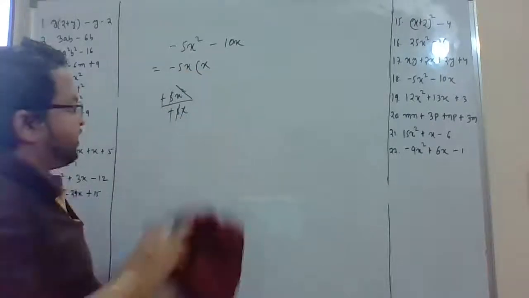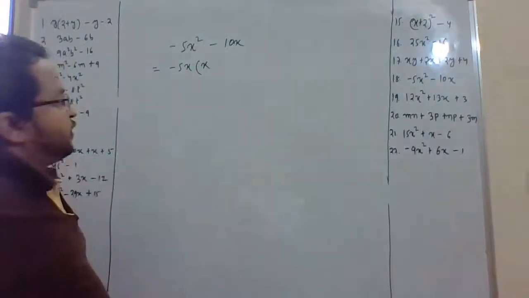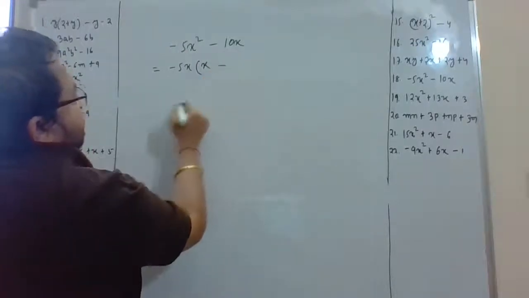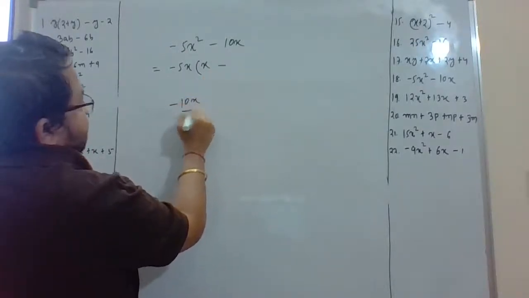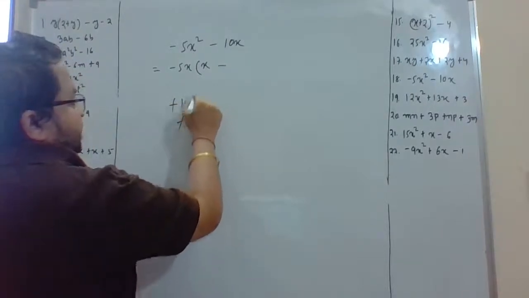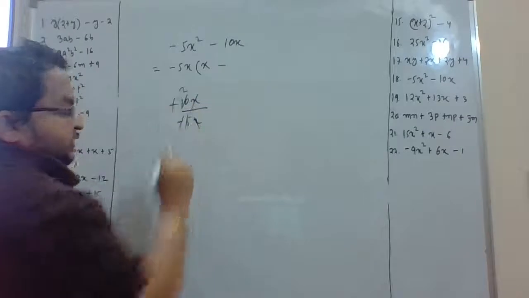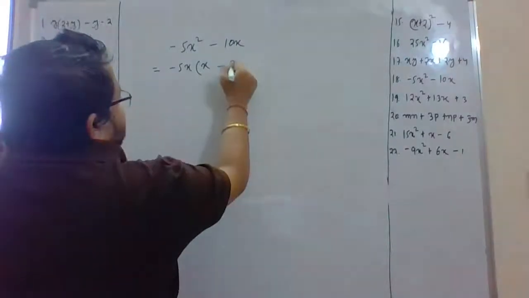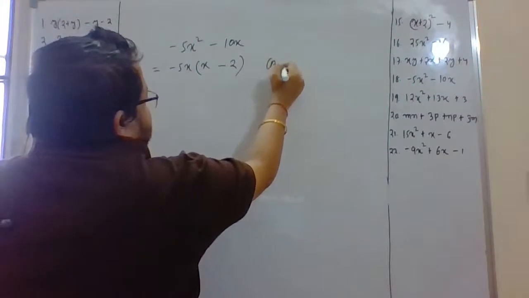So that's why I'm writing x here, right? Minus. Here if we say minus 10x by minus 5x, minus minus cancels out, x cancels out, 5 2s are 10. So what remains is 2. So x minus 2. And this is your answer.